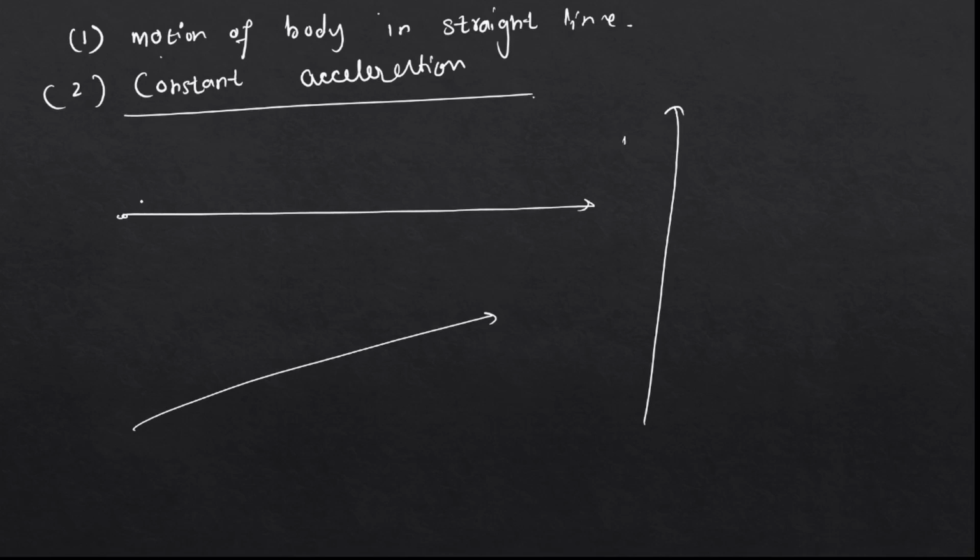If the body has constant acceleration and moves in a straight line, what can we find? If we want to find its initial velocity, final velocity, acceleration, the total distance it would have covered, or the position of this body at any particular time, how can we find that?